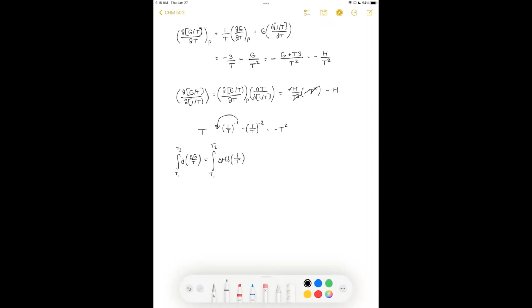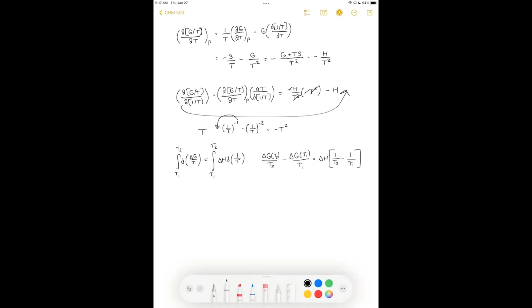And so in this case, I'm adding this over here to this side of the equation and then integrating this. We've done this kind of stuff before. This integral simply becomes delta G at T2 over T2 minus delta G at T1 over T1 is equal to delta H times 1 over T2 minus 1 over T1.